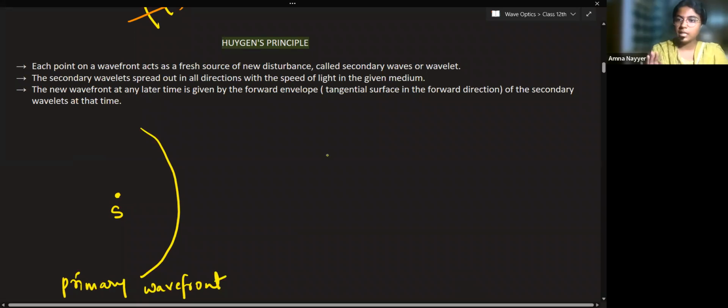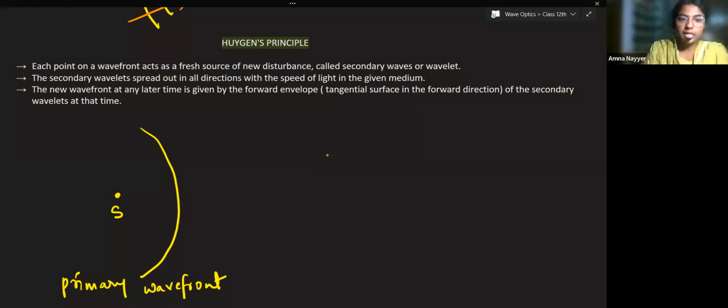Clear? Now listen to Huygens' principle carefully. Each point on the primary wavefront, all the points that are present, each point on a wavefront, this is the primary wavefront, acts as a fresh source of new disturbance.